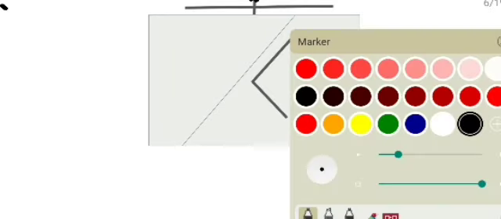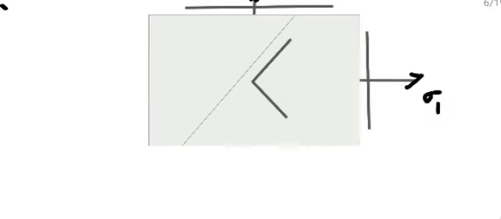Here again another tensile stress sigma 2 acts.